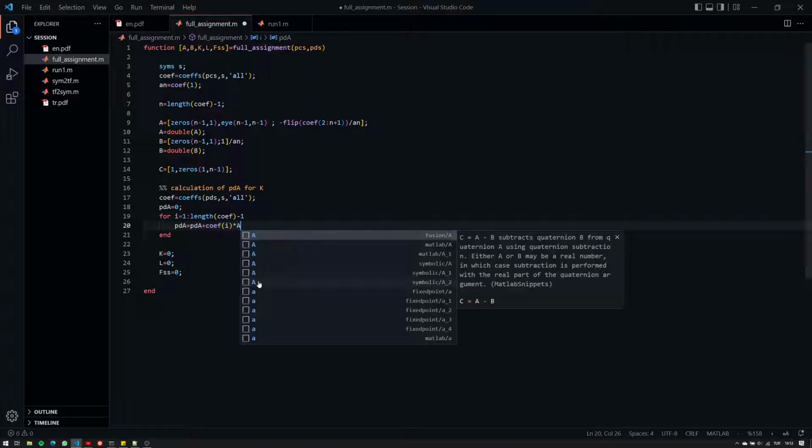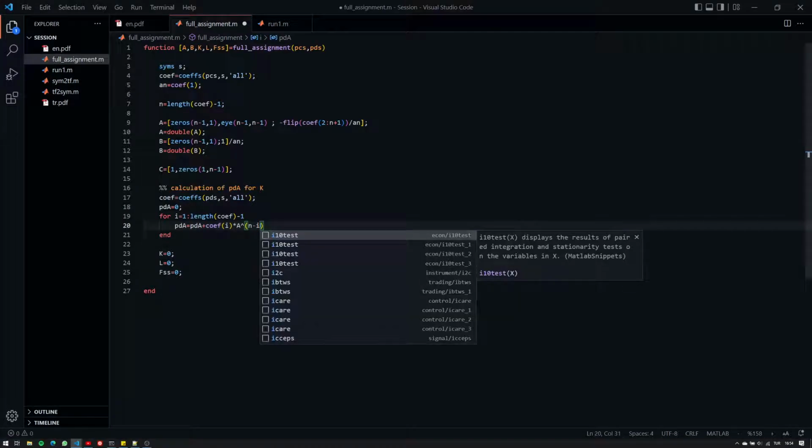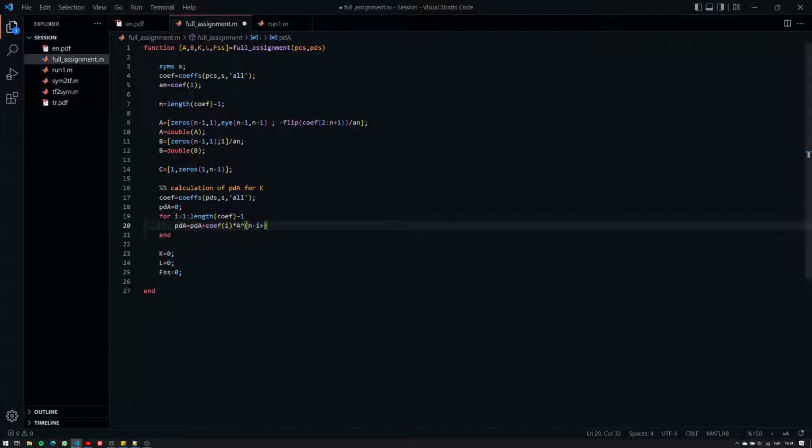We will multiply that with the power of A. And it will be basically the nth order, but I want to decrease this with increasing i. And if it's exactly n minus i, that would give me 0 at the end, but that's not really it. So it should be n minus i plus 1 here. And I would say this is basically it.